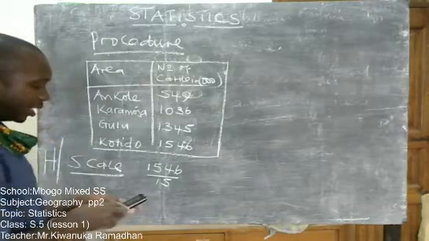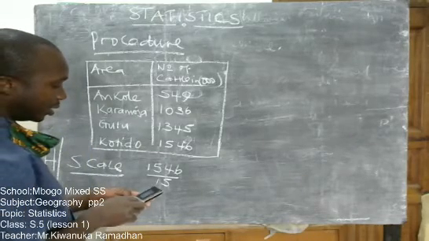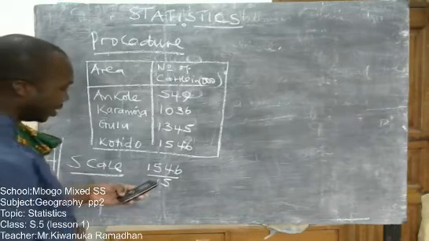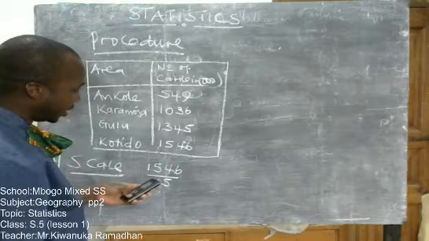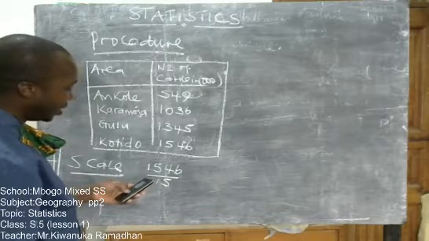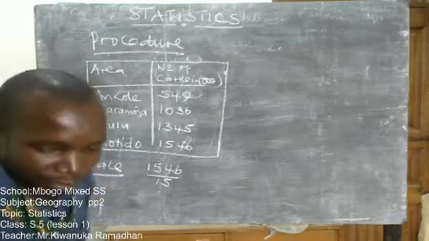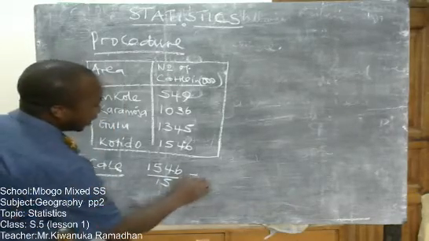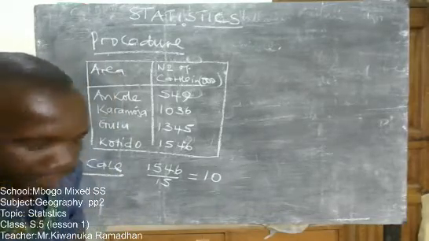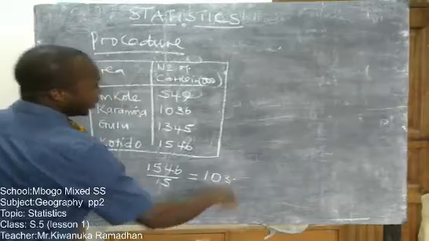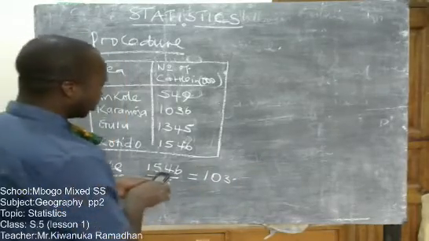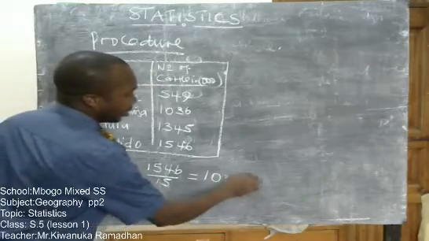Let me get my calculator. Then we see 1,546, we divide by 15. It is giving us 103 point something, 103.06.